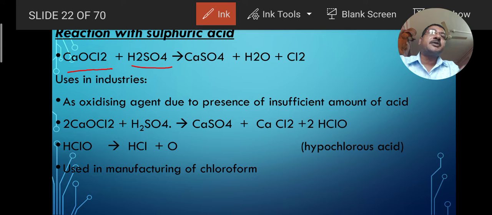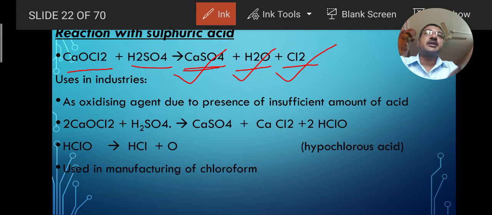When it reacts with the bleaching powder, it produces calcium sulfate, water, and chlorine gas.